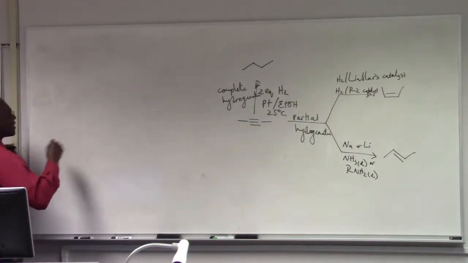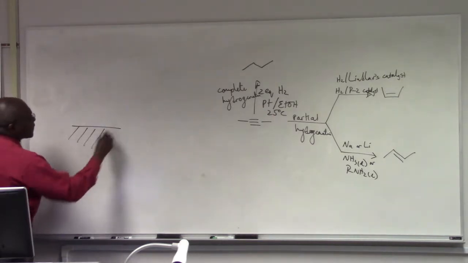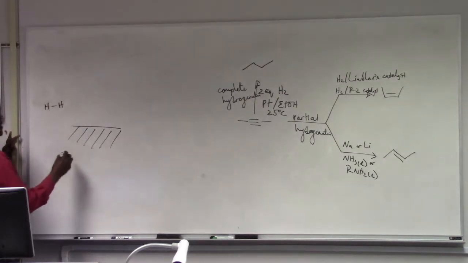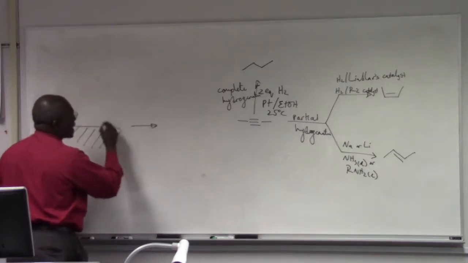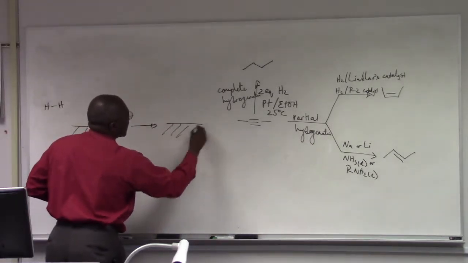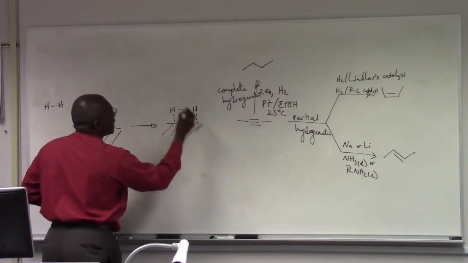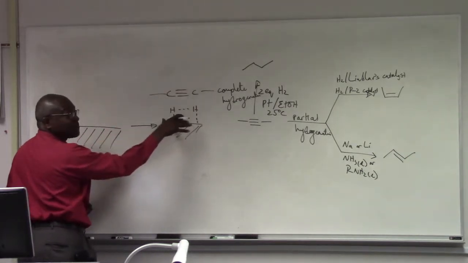But what is interesting is that, regardless of which catalyst you use, the way this reaction goes is that you add hydrogen gas to the system. The hydrogen gas gets adsorbed onto the catalyst surface. And then the alkyne comes along and sits down.